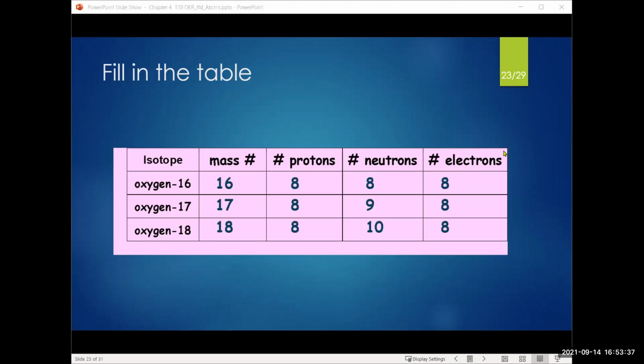Then the rest is calculating neutrons. So we have 8 plus 8 gives you 16, 8 plus 9 gives you 17, and 8 plus 10 gives you 18. All of them are isotopes, and they only differ in the name and the number of neutrons.